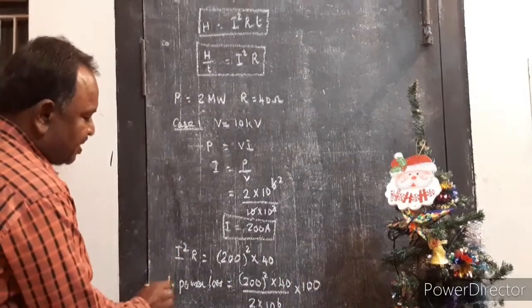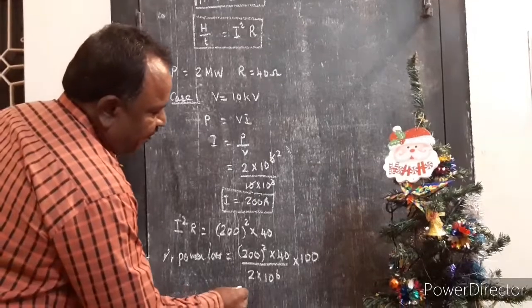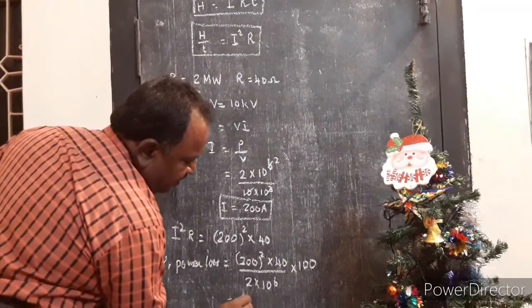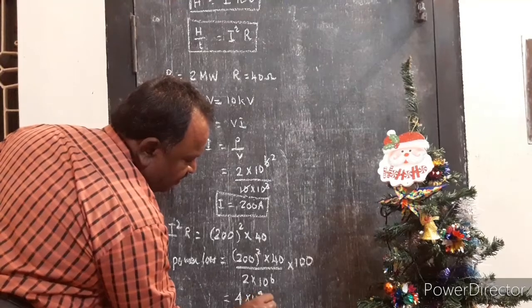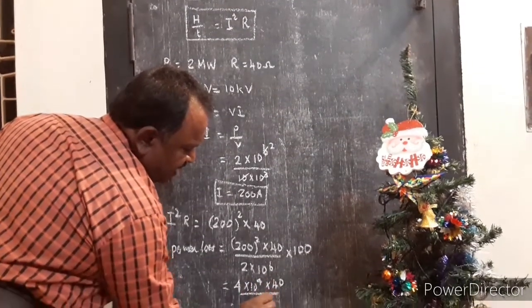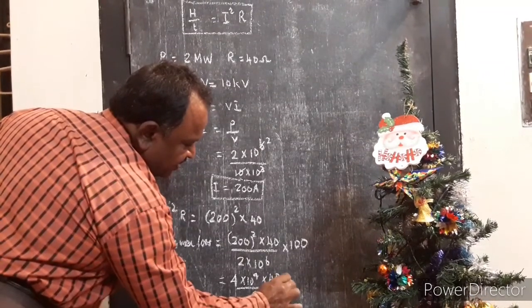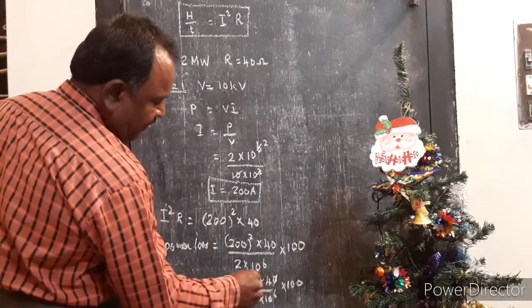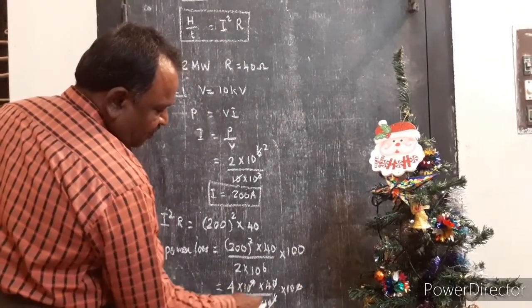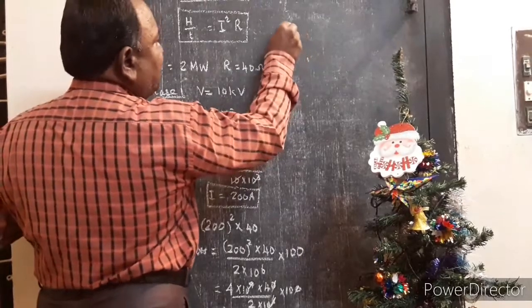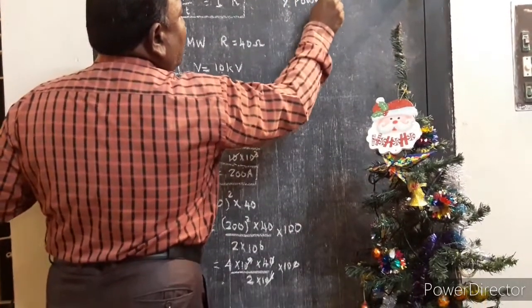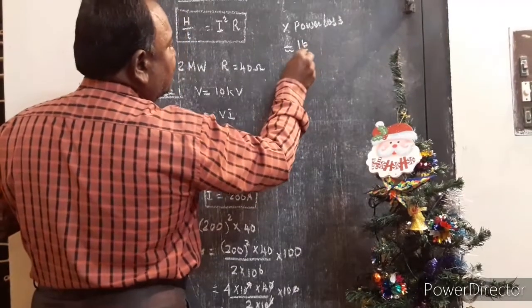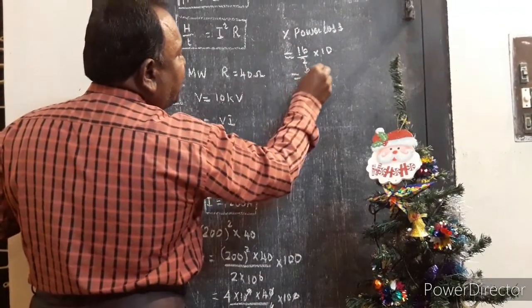This gives 4 into 10 power 4 into 40 by 2 into 10 power 6 into 100. 4 fours are 16, 16 by 2, that is 8 into 10.